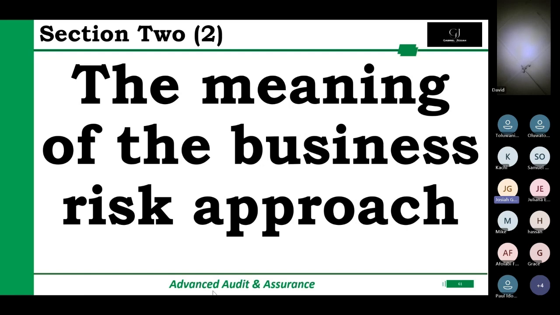So let me just share some thoughts on the business risk approach. I was saying that this approach only works if the auditor has a deep understanding of the client's business and the environment, and is consistent with ISA 315, which requires auditors to understand the entity.